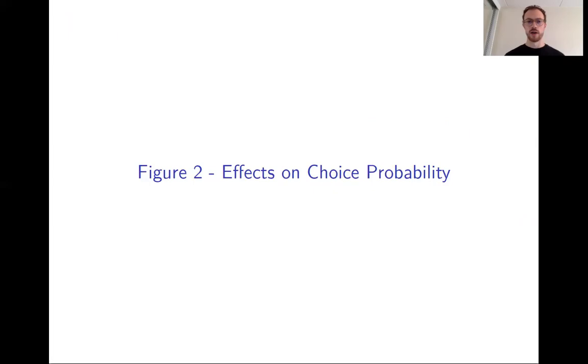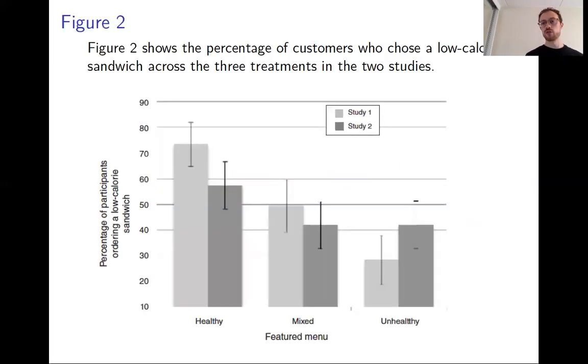Okay, now finally, let's replicate a figure, and I'm going to replicate figure 2, which shows the effect on choice probability of choosing a low-calorie sandwich. And here you can see the screenshot from the paper.